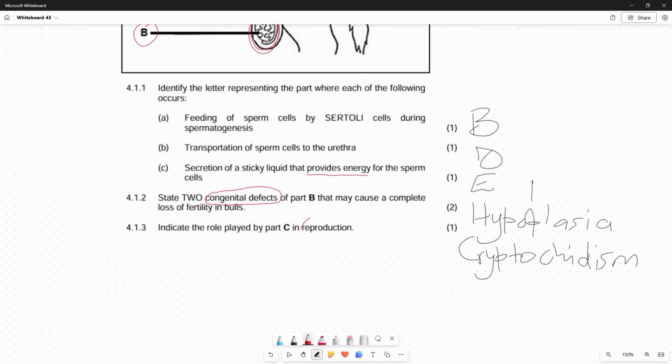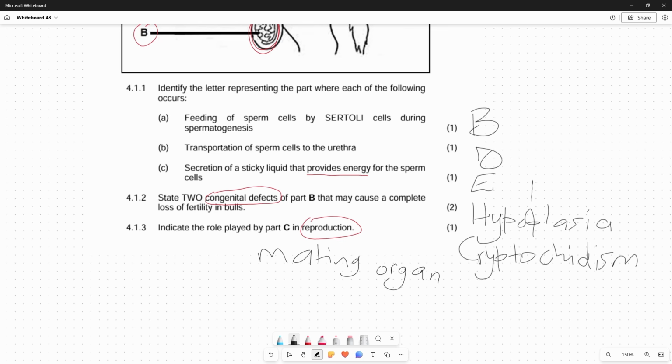You can't say, for instance, urinating. We don't want general excretion, but reproduction. So the answer there would be, for instance, mating organ. The penis serves as the mating organ for ejaculation of sperm cells, semen, into the female reproductive tract.